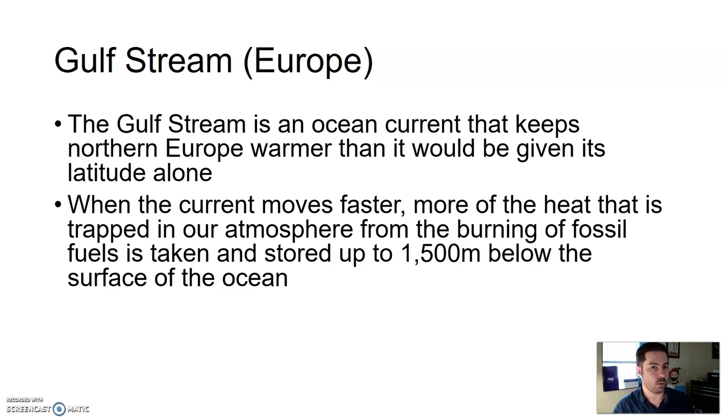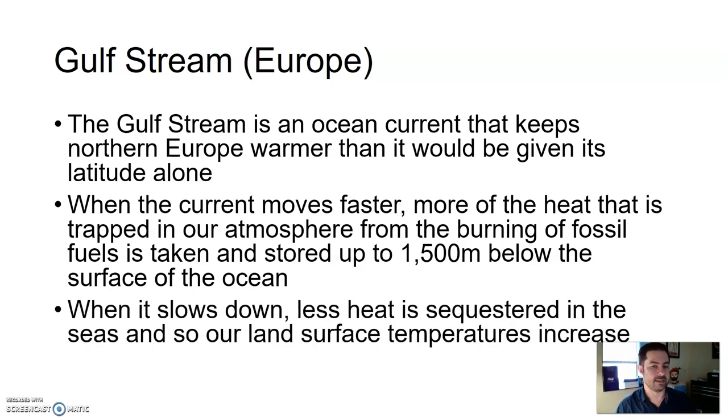But if we mess with that water sinking down, it's not going to transfer as much heat to the ocean. So when the Gulf Stream is slowing down, which it is, less heat is being brought down into the deeper parts of the ocean. So if less heat is being taken away from the atmosphere, that means there's more heat in the atmosphere. That means it's going to be warmer. There you go.